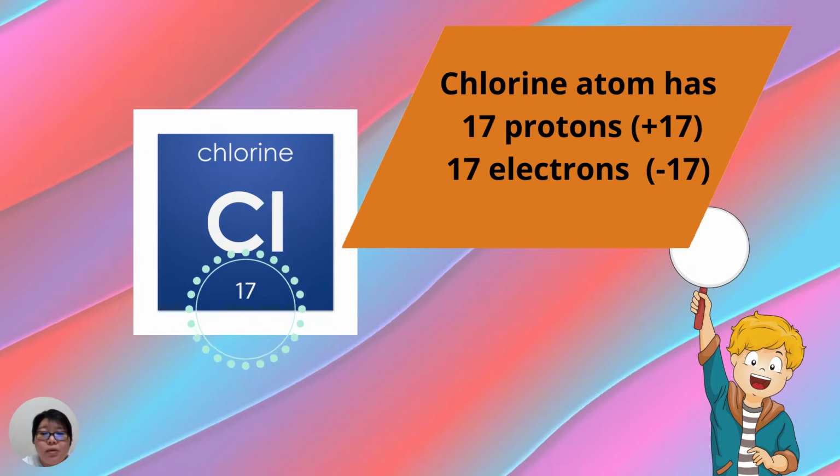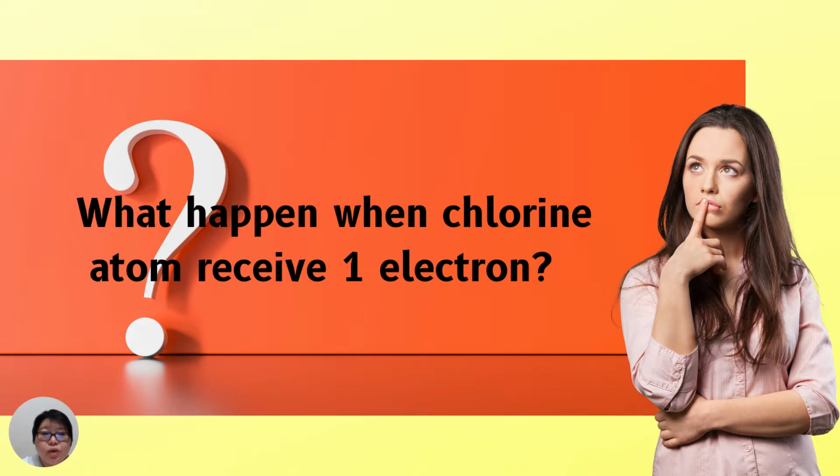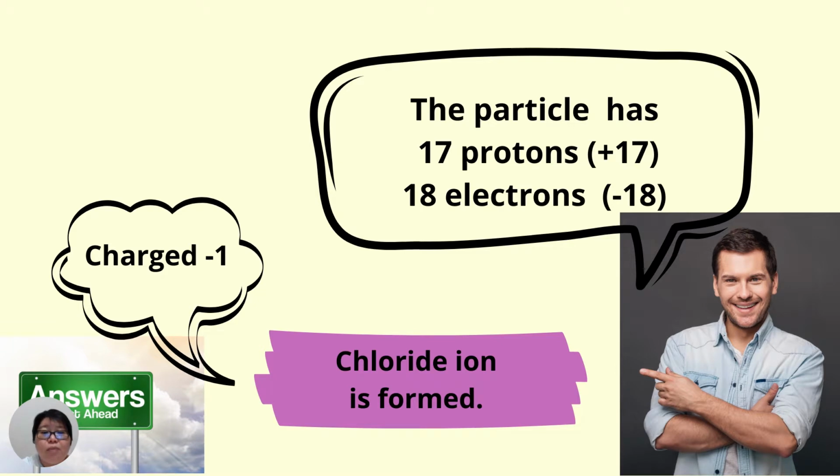Now, what happens when this chlorine atom receives 1 electron? Does the number of protons change? The answer is no. So it remains 17 protons with a charge of positive 17. But after receiving 1 electron, it has the charge of negative 18. Sum it up, and you'll find that now it has a charge of negative 1. This is called the anion, and the chloride ion is formed.